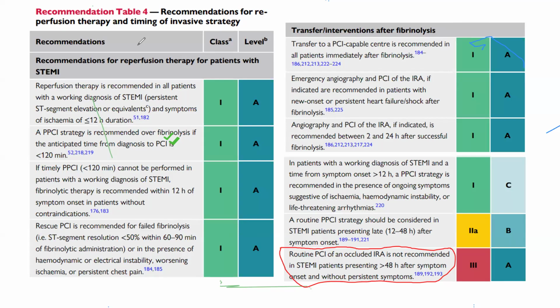Because it's already an infarcted area, and even if you revascularize it, you're not going to achieve anything. In fact, you can now have reperfusion injury. But during the PCI, I can see any other vessel that may have critical stenosis that is giving collaterals to that occluded area. It can be the circumflex.